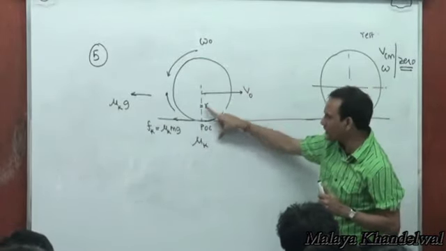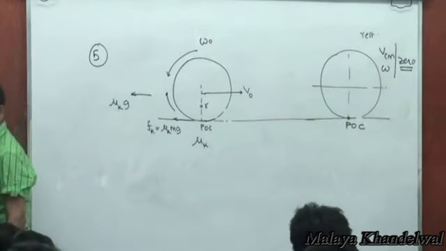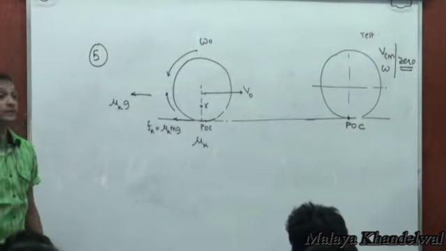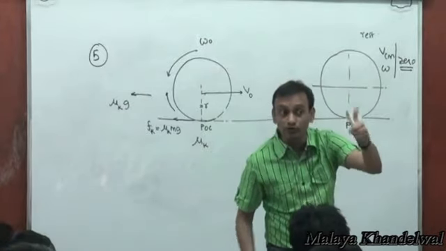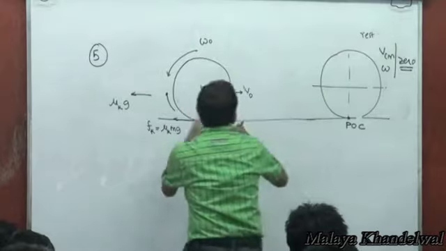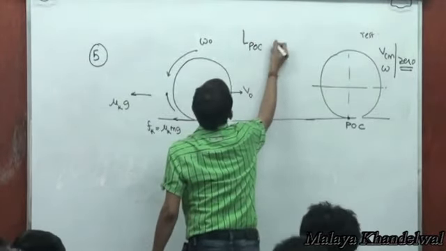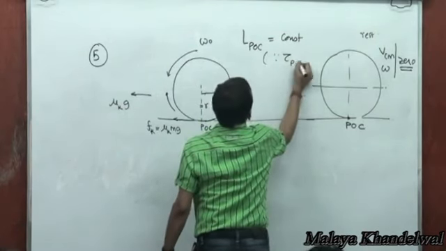Both the frictional force and mg have their lines of action passing through the point of contact. So they end up producing no torque about the point of contact. And therefore, between these two states, the angular momentum about the point of contact must be the same. Yes or no? Right? So anywhere between these two states, the L about the point of contact must remain constant. Why? Because torque about the point of contact is zero.